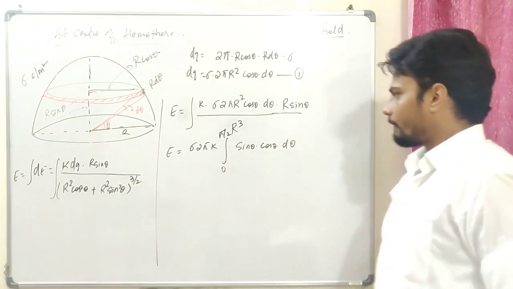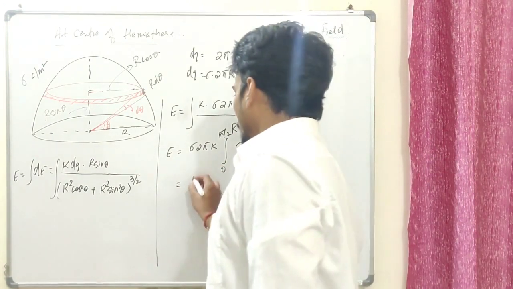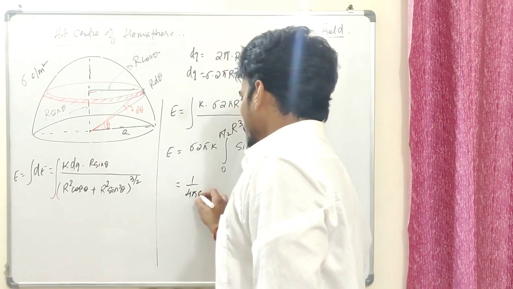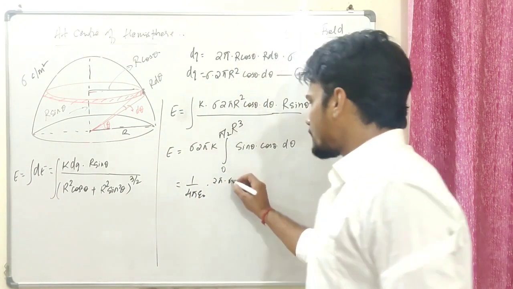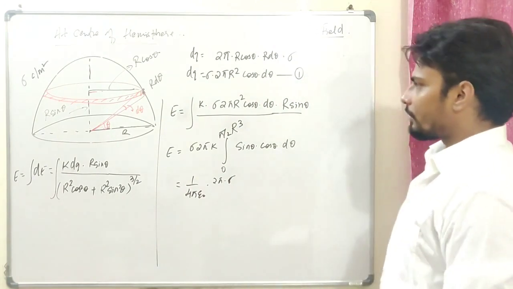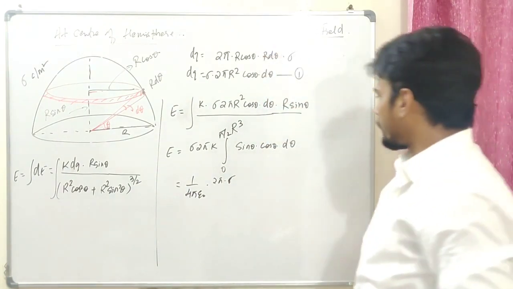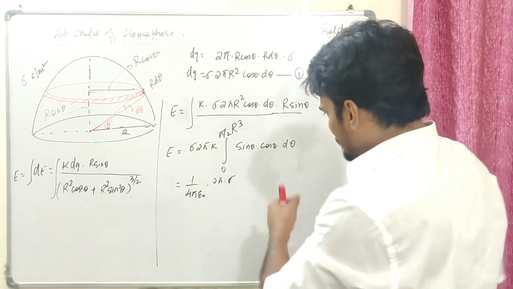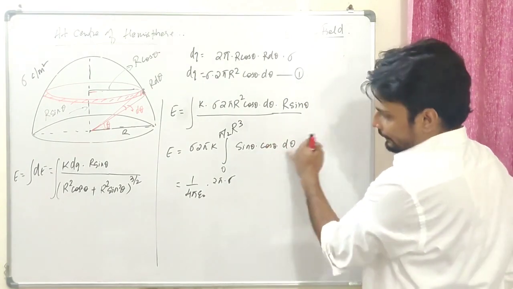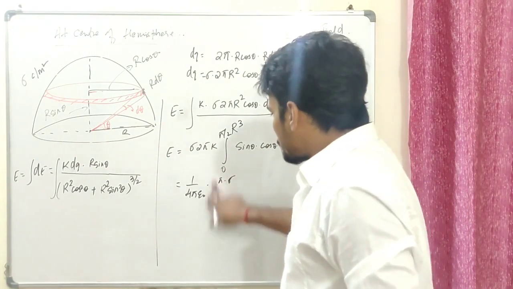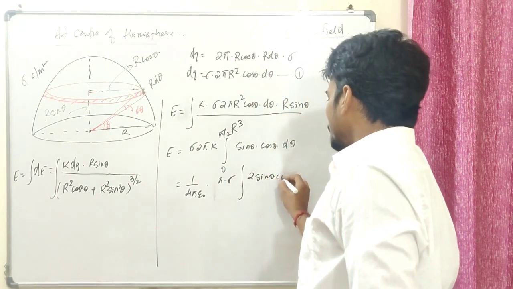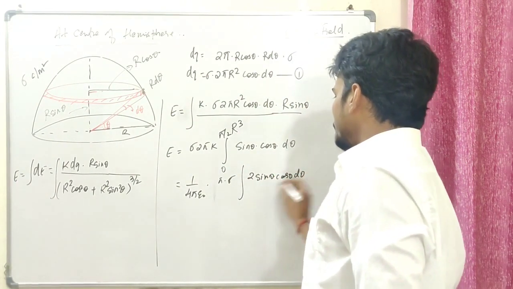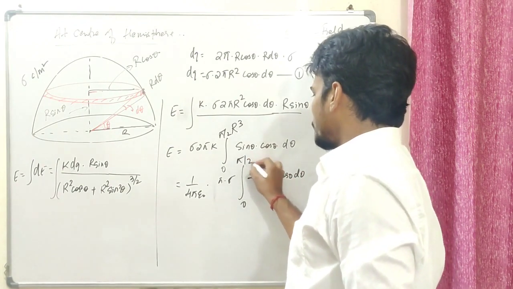Let's plug in the values. K is 1 over 4 pi epsilon naught times 2 pi times sigma. I'm keeping things quite separate just to make sure that I do not miss anything. Guys, I can see one thing: sin theta cos theta, it's not possible to integrate right now. So can you just take this 2 inside, and I have 2 sin theta cos theta d theta, 0 to pi by 2.